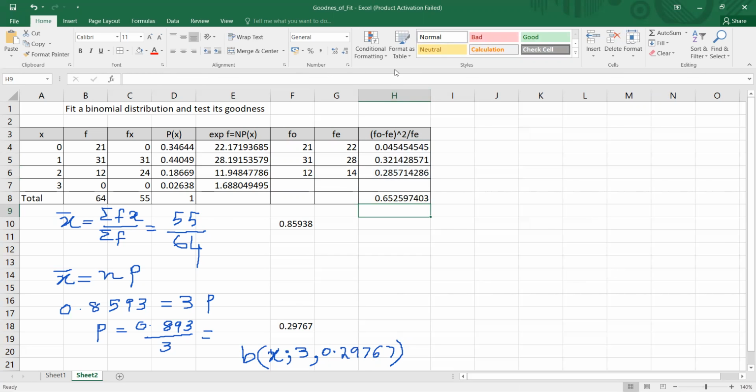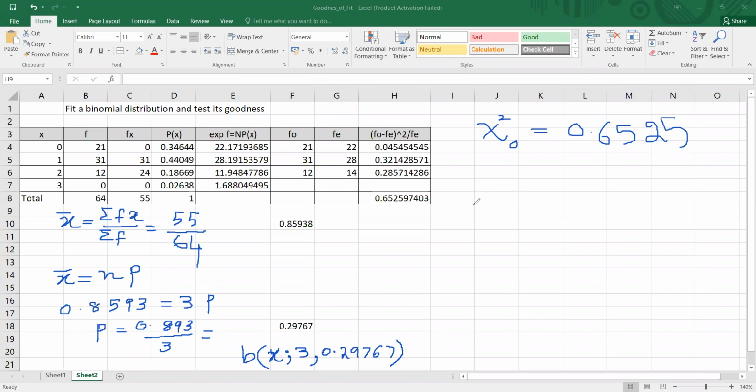So I can say that the chi-square observed value is 0.6525.